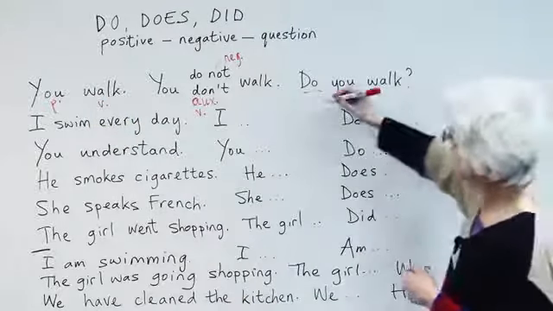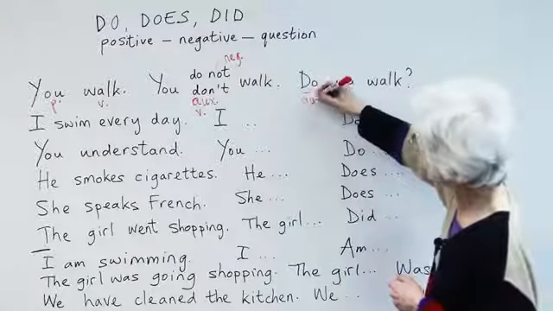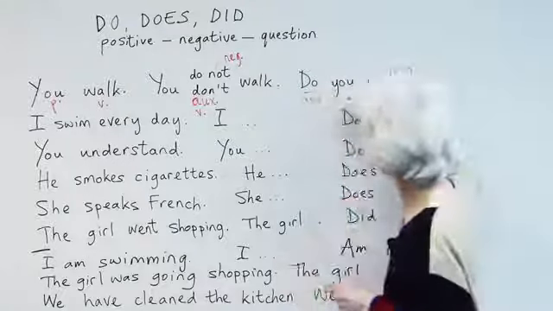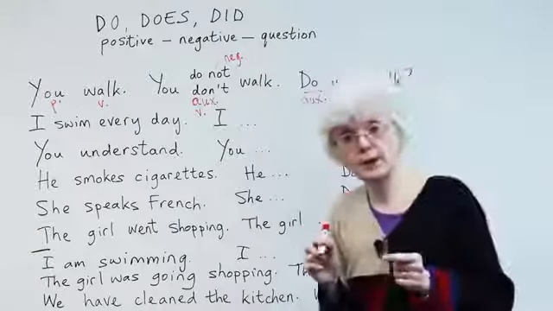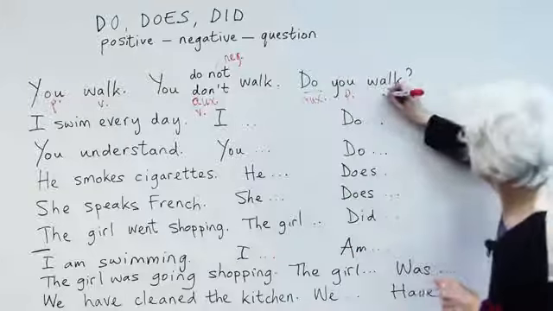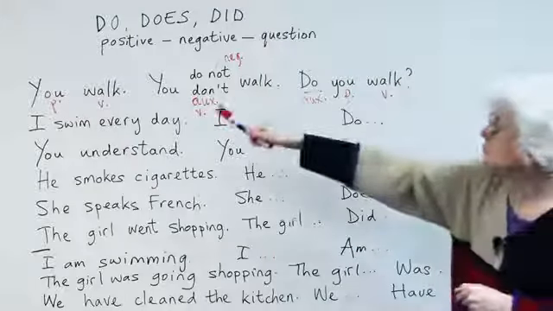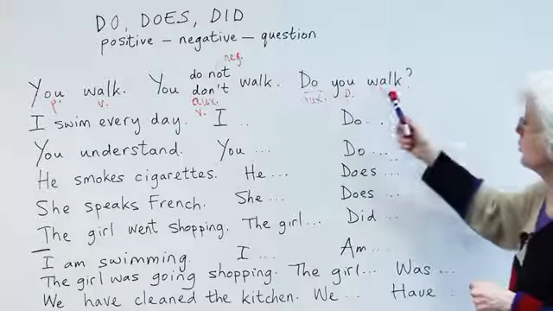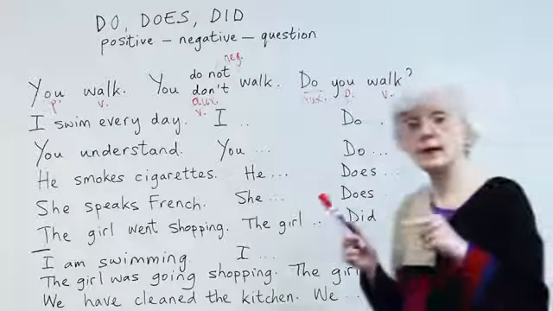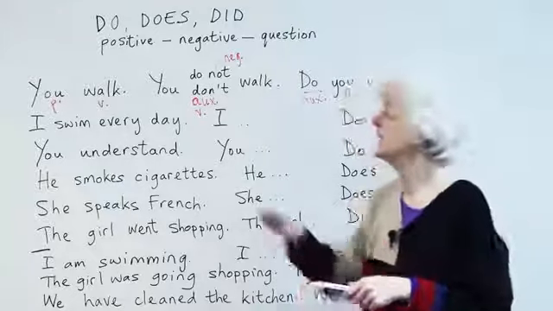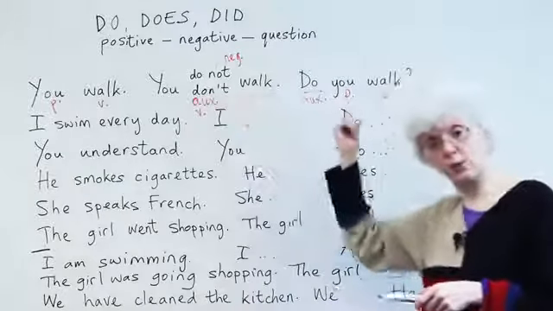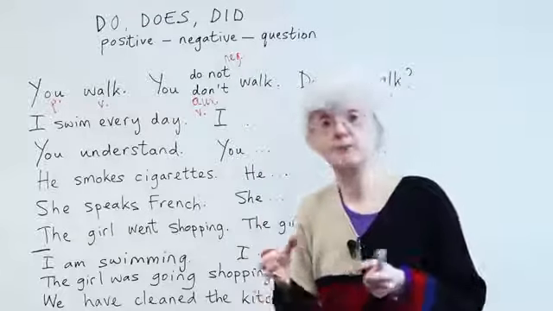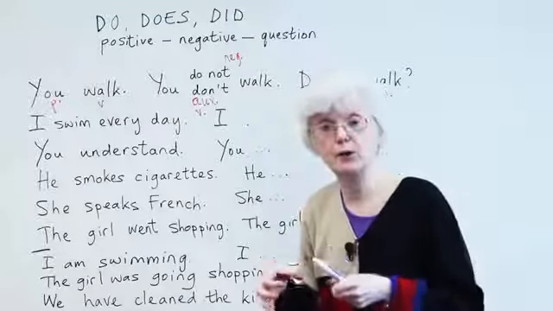Do is the auxiliary, you is the person, the pronoun, and walk is the verb. So you walk, you don't walk, do you walk? There in the simple present tense, for the negative and for the question, you need to use do as an extra, as an auxiliary verb.